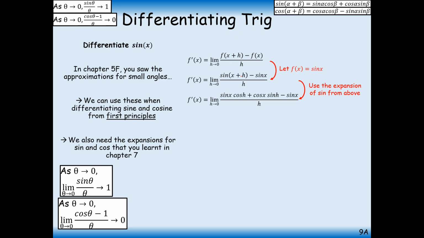This section here is the expansion of the underlined bit, and the rest is just copied from the line above.